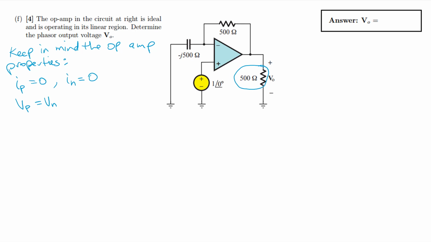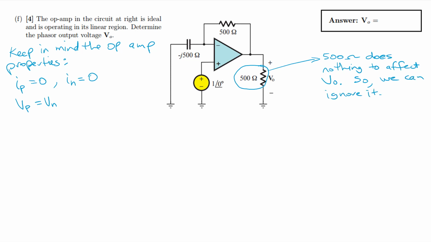This 500 ohms does nothing to affect the behavior of Vout when the op-amp is ideal. So we can ignore it. So it is a distractor for you.